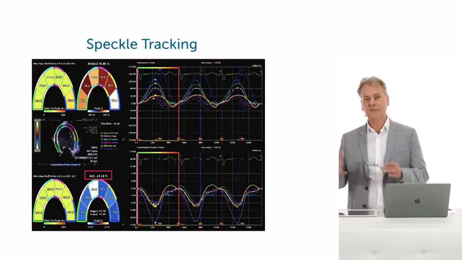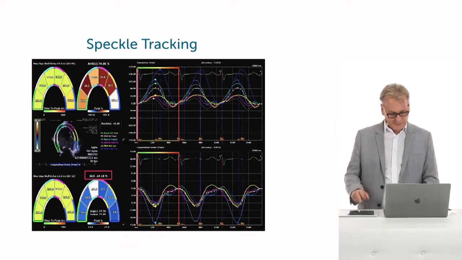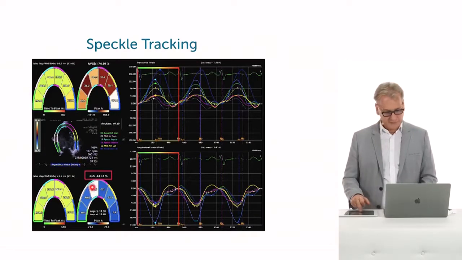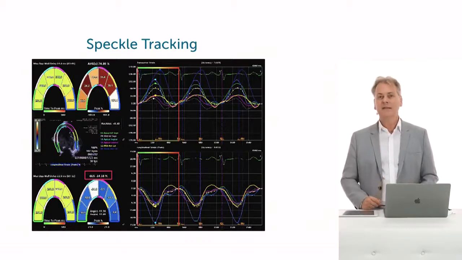There are studies that definitely show that if you have a reduction in longitudinal strain, patients have a poor prognosis in mitral regurgitation. Well, it's not surprising that this patient has a reduction in longitudinal strain. We see a value of minus 14.1%. But this is not such a severe form of reduction that you would say the ventricle is completely dysfunctional.